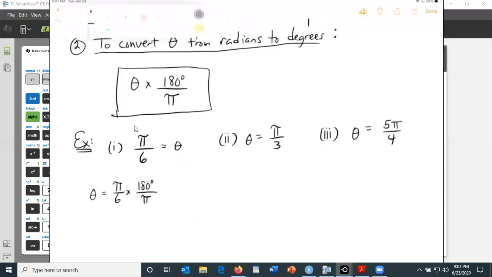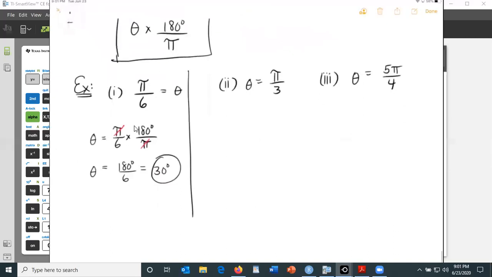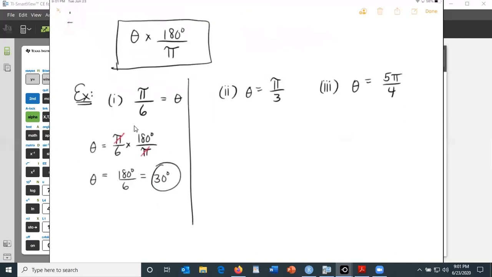Now these conversions are nicer because the pi's always cancel. So pi over pi drops out. And then it simply becomes 180 over 6 in degrees, which is 30 degrees. All right, number 2.